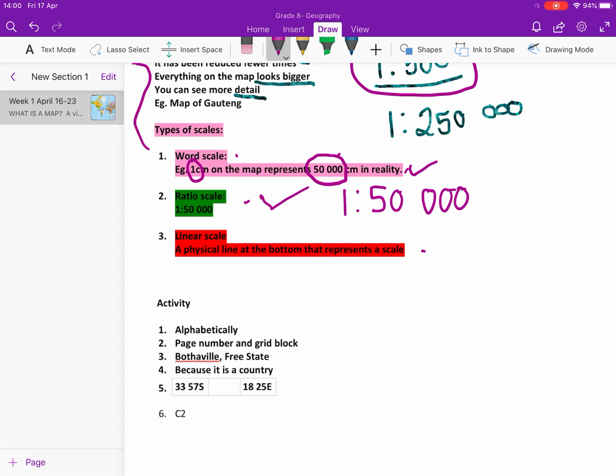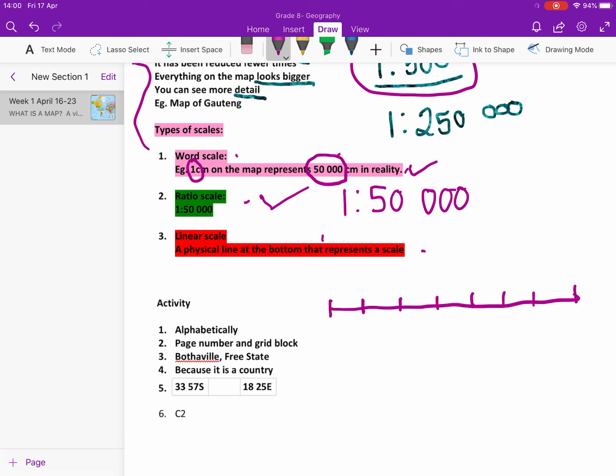Then a linear scale is a physical line at the bottom of a map that represents a scale. For example, it would look something like this. I'm going to draw it for you guys. It's a line, and then every centimeter, they would draw a line like this.